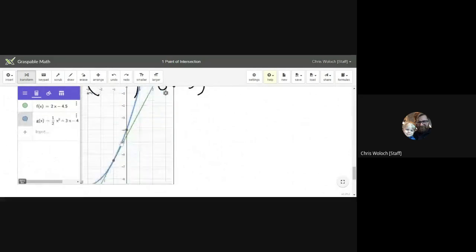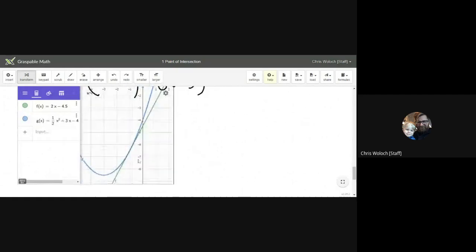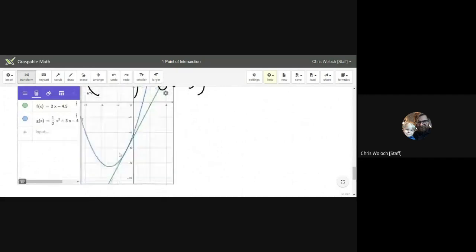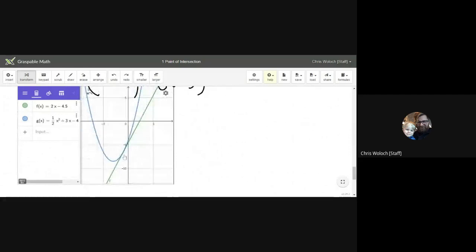Then here, see where it has that one point, that intersection right there, which is, oh great, we're right. That's the point of intersection. So the line just skims the parabola there.